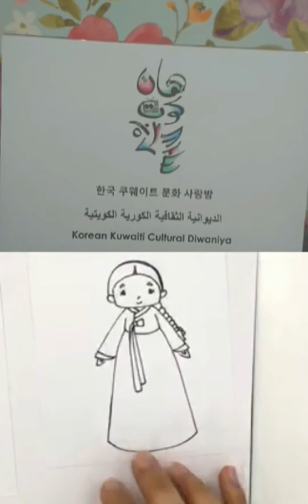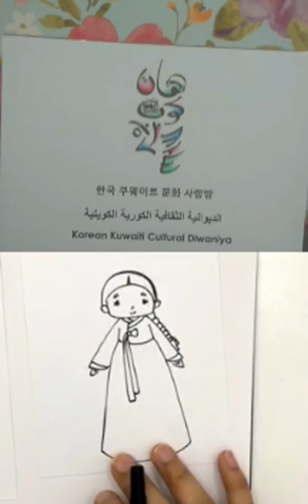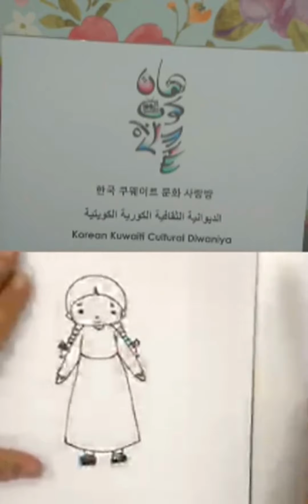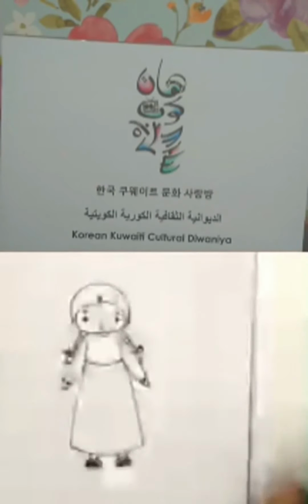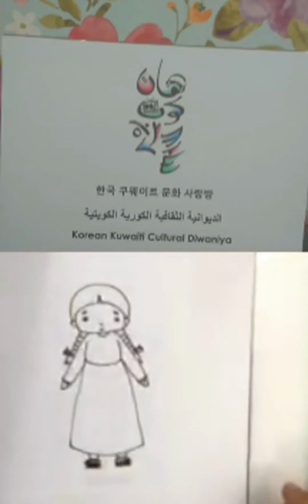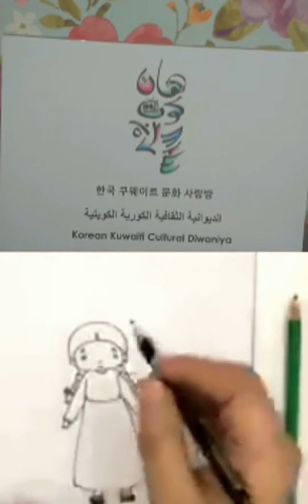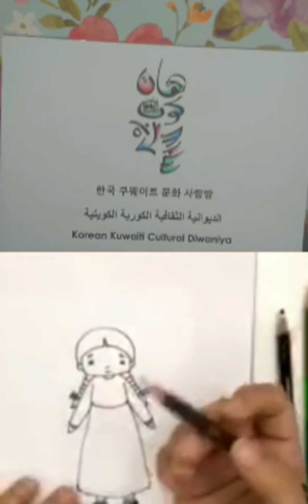So now we are going to start with the coloring, right? Yeah. So should we start coloring the Kuwaiti one? Yes. I think it's going to be easier to use markers with pencil colors. You know, I like pencil colors too much. So we're going to make the hair for the Kuwaiti woman in dark brown.